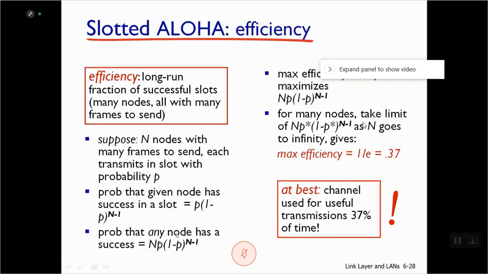Then we have the efficiency of slotted ALOHA. What do we mean by the efficiency here? The fraction of successful slots out of the slots that we have denotes the efficiency. Slotted ALOHA obviously would work perfectly when there is only one node, as it will get the full rate without wasting unnecessary slots.